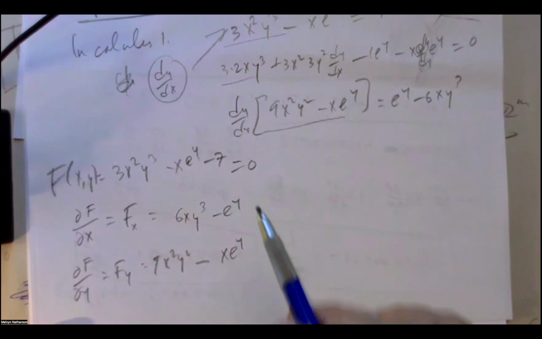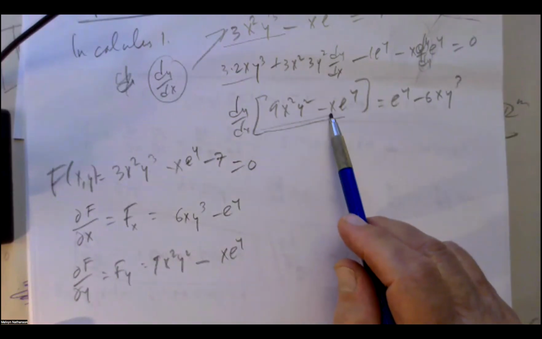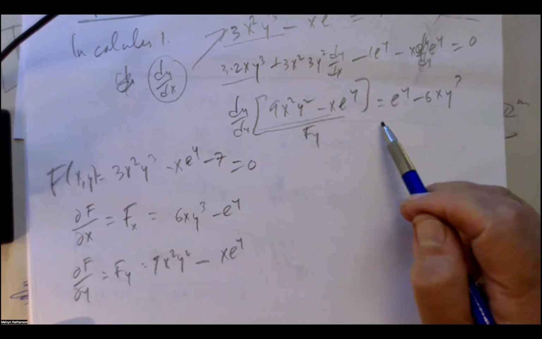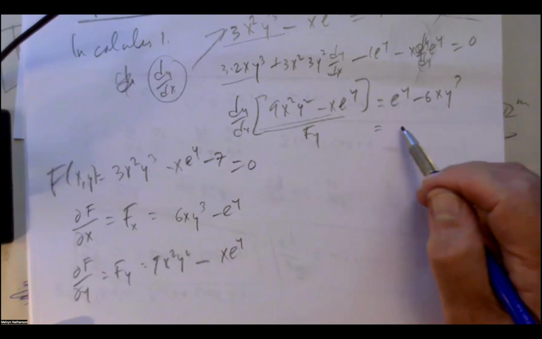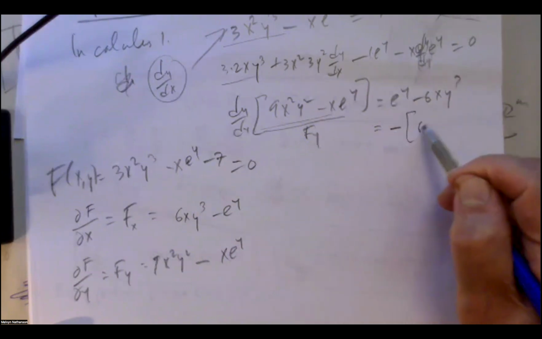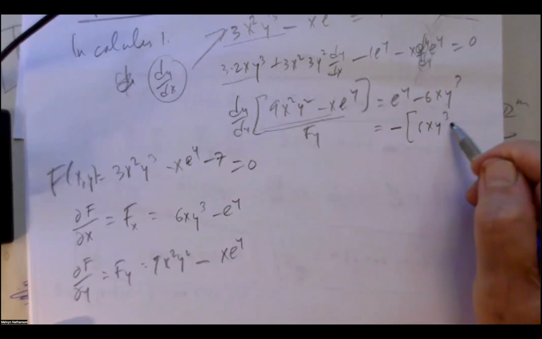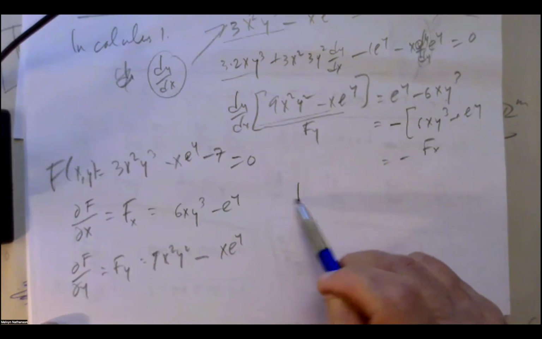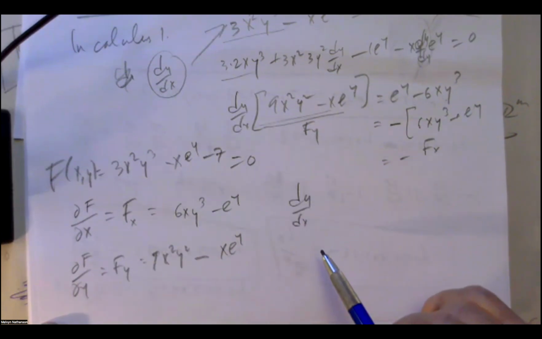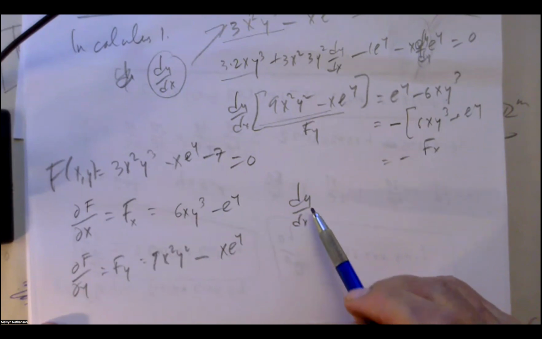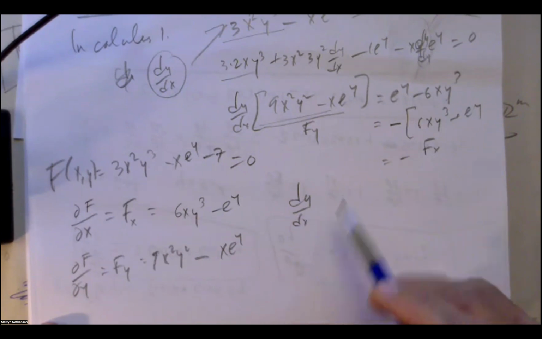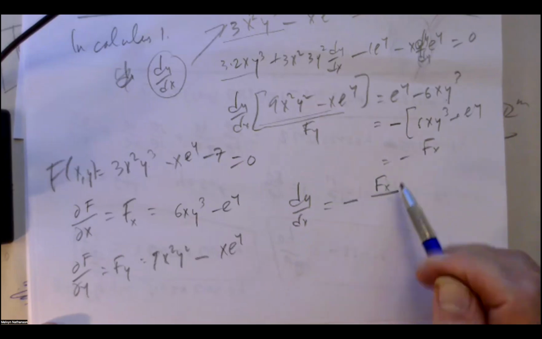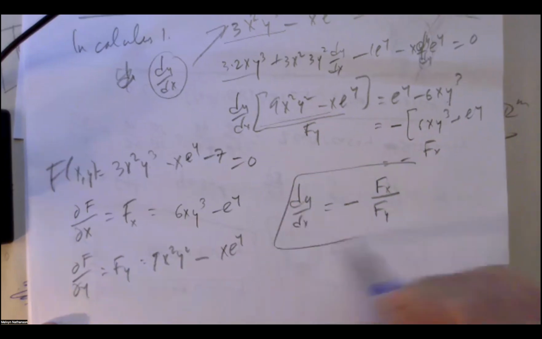Now you'll notice something. This expression here is exactly f sub y, and this expression, if I put a minus in front of 6xy cubed minus e to the y, is minus f sub x. So we could also have written the formula for dy dx by implicit differentiation as minus the partial of f with respect to x divided by the partial of f with respect to y.